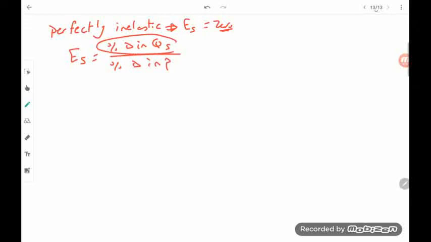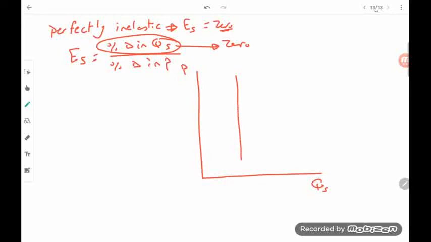So the value of this part is 0. Whatever the change in price, quantity is constant. There is no change in quantity, and the prices are going to change.